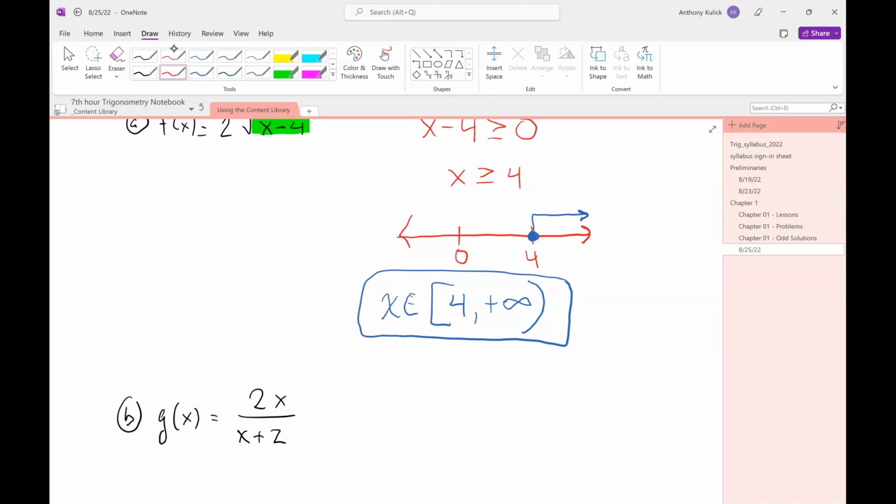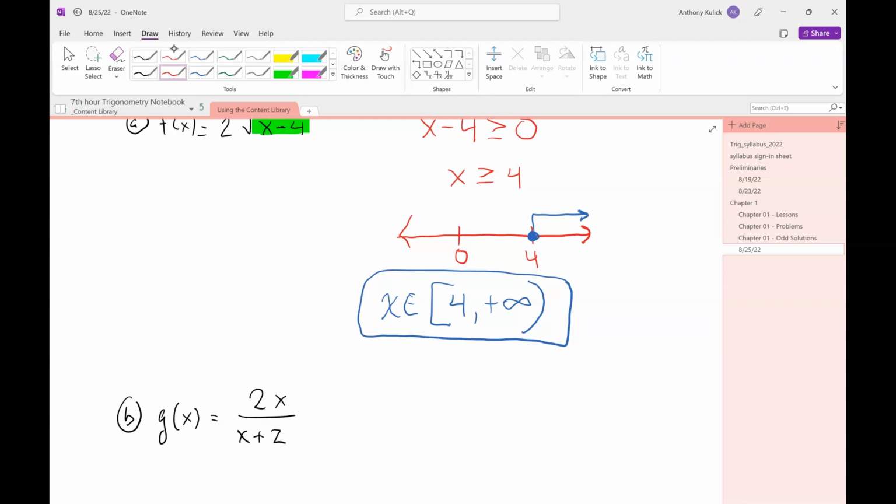Why is there division going on? Where's the division happening? You're right. There's division going on here. Yeah, that's a fraction, right?